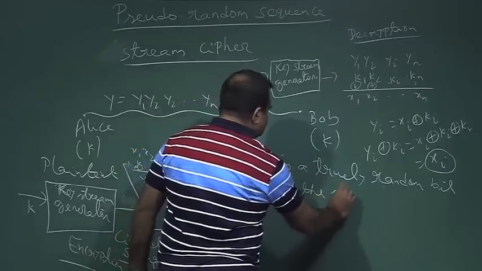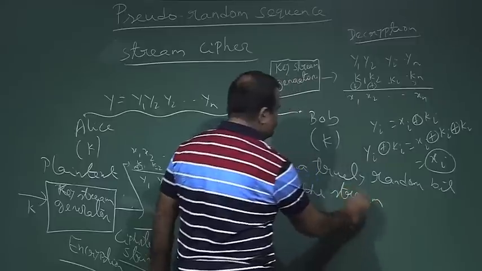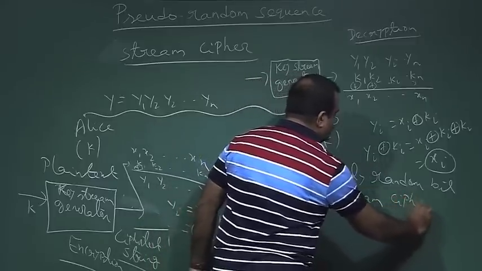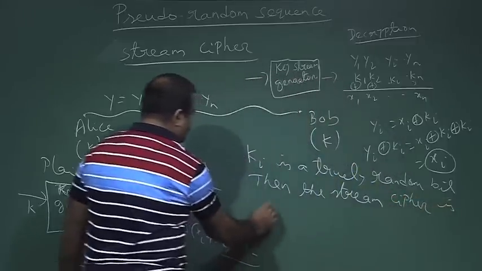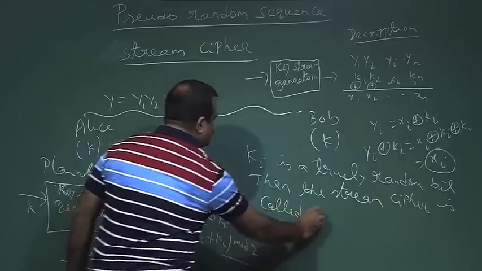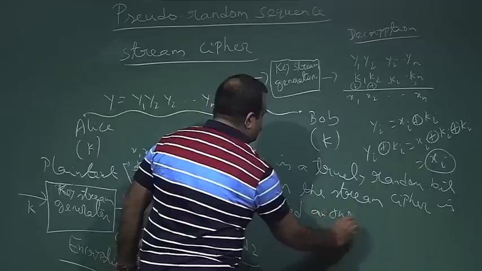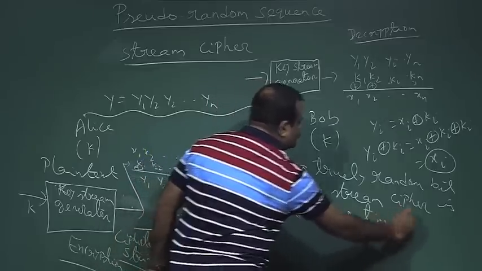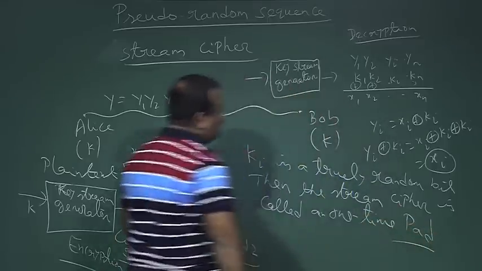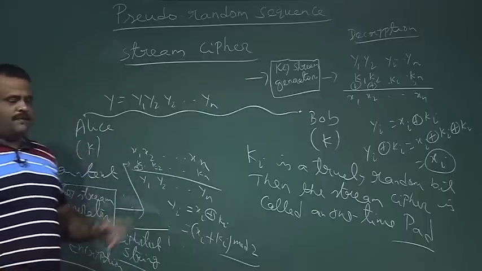Then the stream cipher is called a one time pad, which possesses the Shannon notion of perfect secrecy.